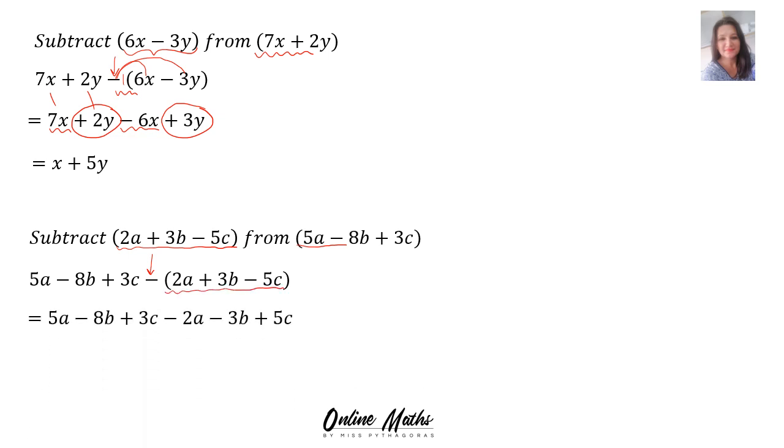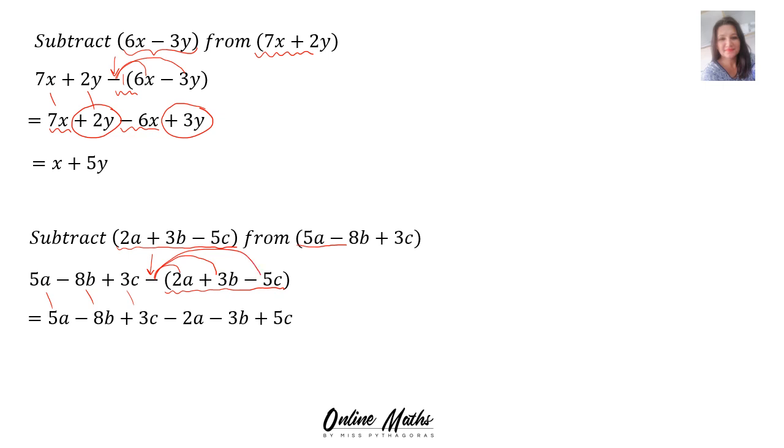And then in the next step, the 5a, the minus 8b, the plus 3c, you can just copy that one down, and now in goes the minus using the distributive property. Minus times 2a is minus 2a, minus times plus 3b is minus 3b, and minus times a minus is a plus 5c.